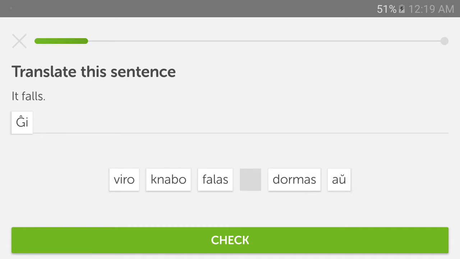But to do it in present tense, like to fall, or falling as now, you'd take the I away and add an as to the end of it. So falas. To say it happened in the past, like you fell, then you add an is. It becomes falis. And to say that you will fall in the future, it becomes an os, or falos. So that's how past and present and future tense works in Esperanto. So it is: it falls, ĝi falas.